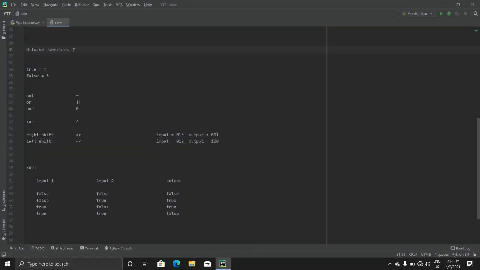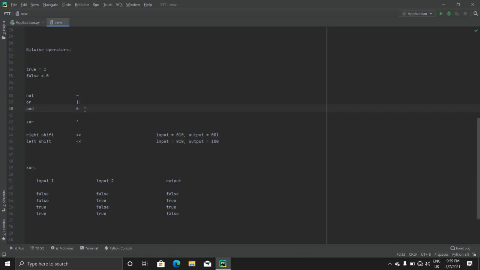Now let's talk about bitwise operators. In bitwise operators, we consider true as 1 and false as 0. I have typed 3 bitwise operators here: not, or and and bitwise operators. These are the signs that we use to represent those 3 bitwise operators. This is for not, this is for or, this is for and.